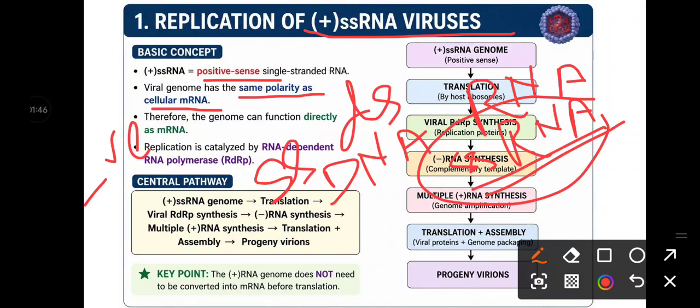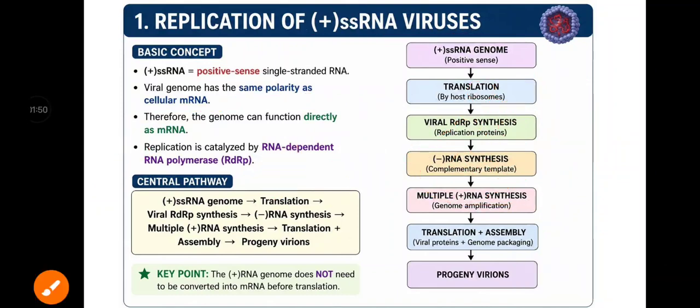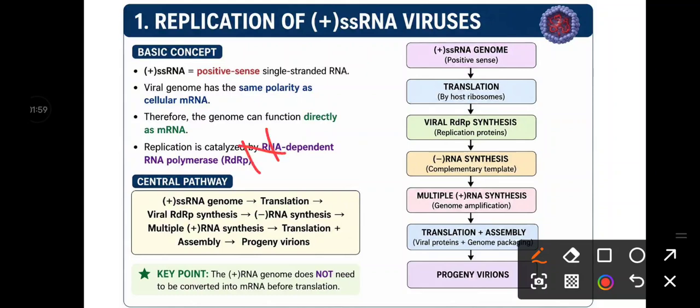host cell. Multiplication of a virus means, we know that a virus is a nucleoprotein structure. Nucleoprotein means nucleic acid will be there and a protein coat is there. So to multiply itself, it has to produce more nucleic acid and coat protein.